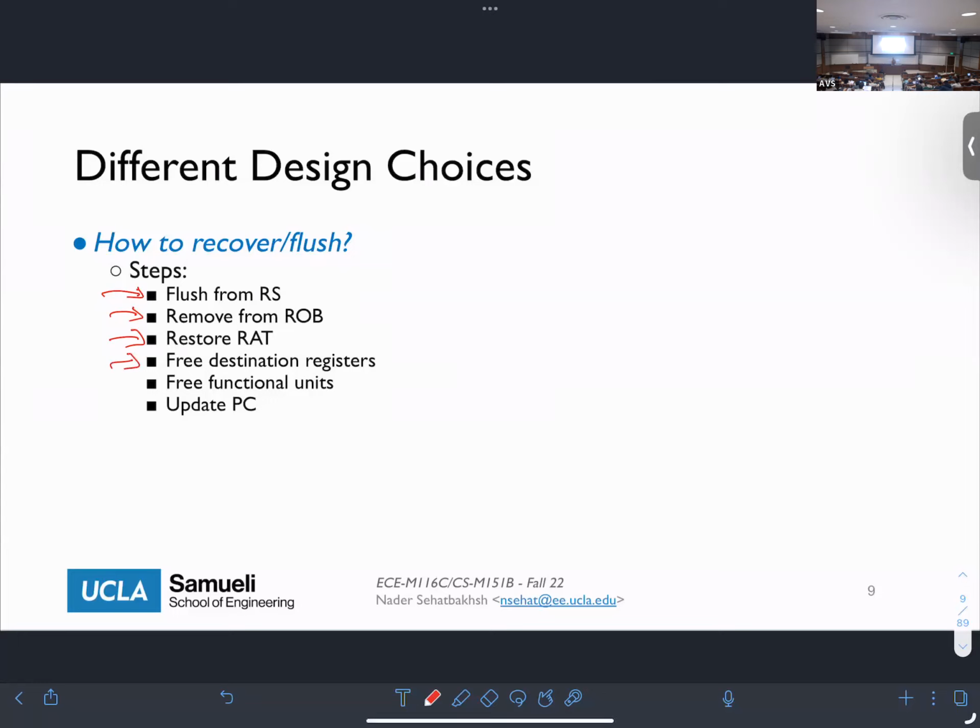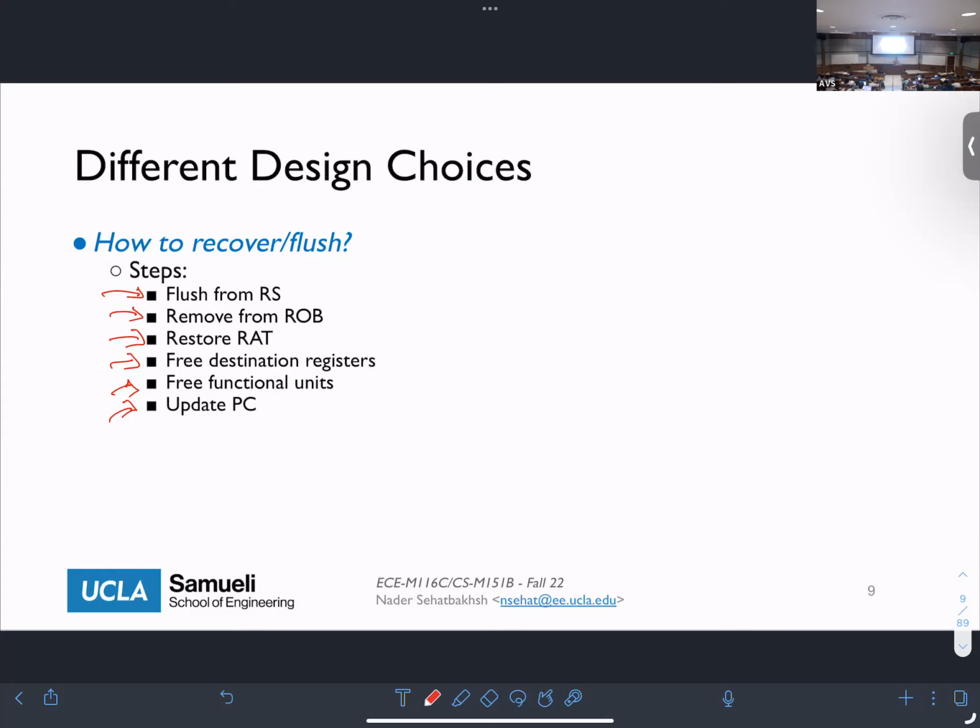Since we are restoring the RAT, we also need to free those new registers that we assigned. We need to free functional units for those instructions that are invalid. And we need to update the PC. We need to find the correct PC, and then update the PC. So there are lots of things, much more complex than what we did for in-order processors.